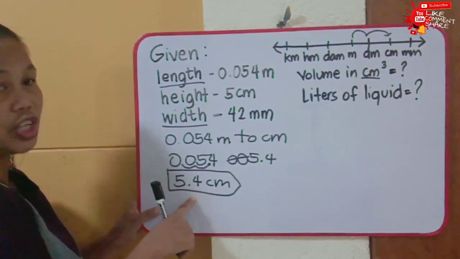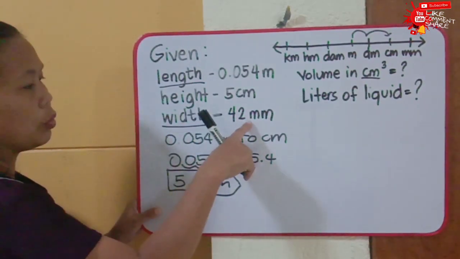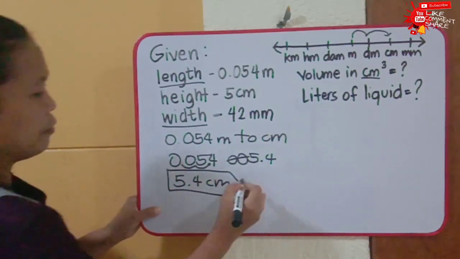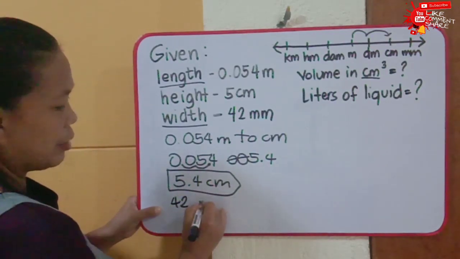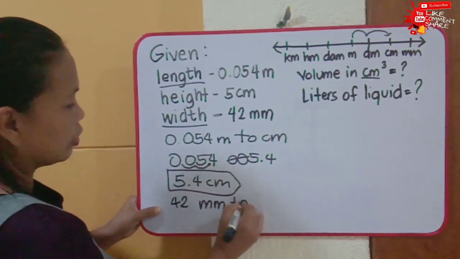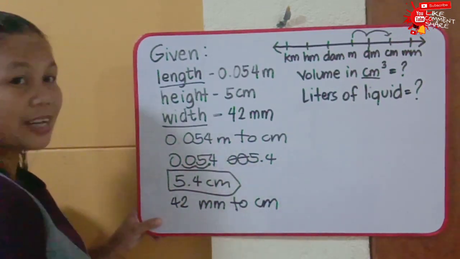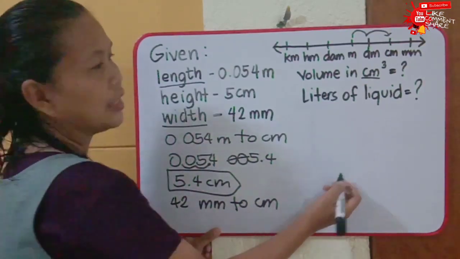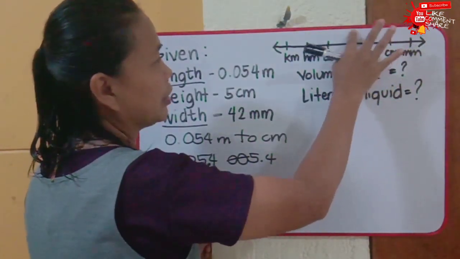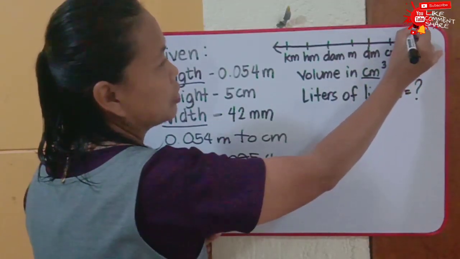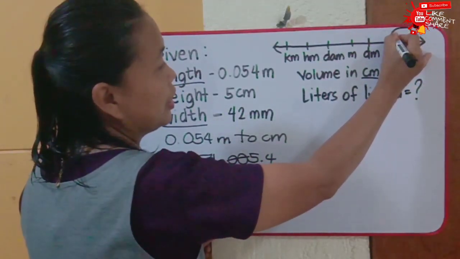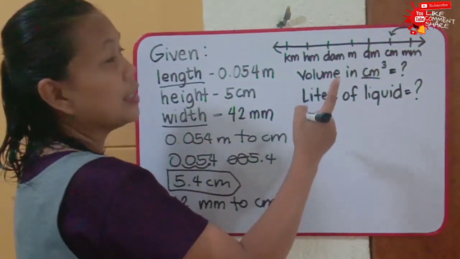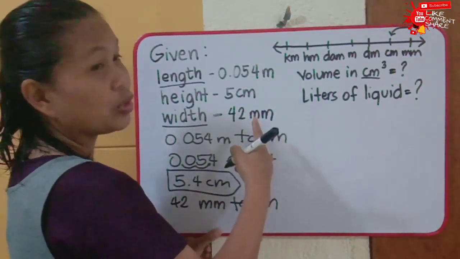Now let us convert the width from 42 millimeters to centimeter. Let us count the number of spaces between millimeter and centimeter. We have here millimeter, 1, so this is now the place of centimeter. So we just have to move the decimal point 1 space to the left.